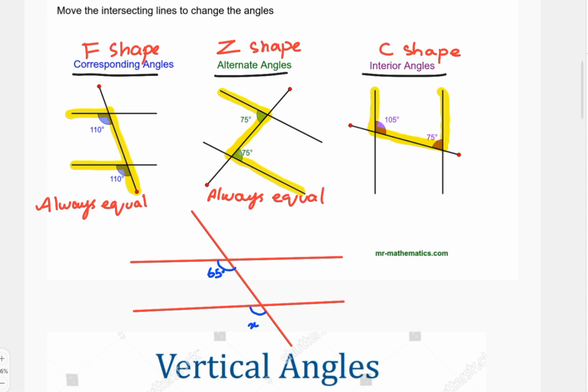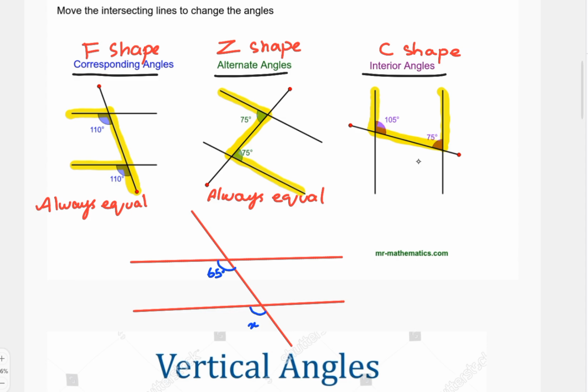Now there's one more thing about the interior angle. The other two angles were the same. Look, 110 and 110. This one was 75 and 75. But the C shape is different. This is 105 and this is 75.